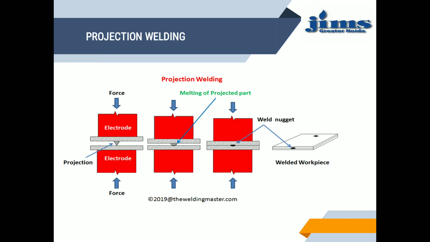It is economical only when the production rates and volumes are large. All projections must be of the same height to produce a good weld. Metals which are not strong enough to support projections and withstand electrode force are not welded satisfactorily. This is all about projection welding.